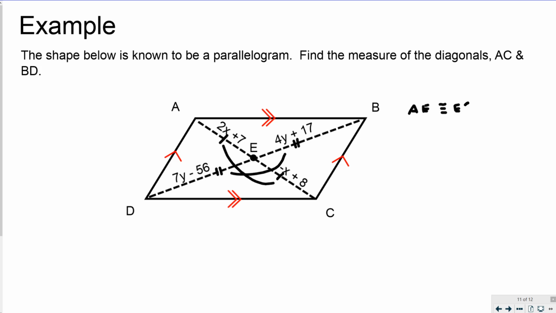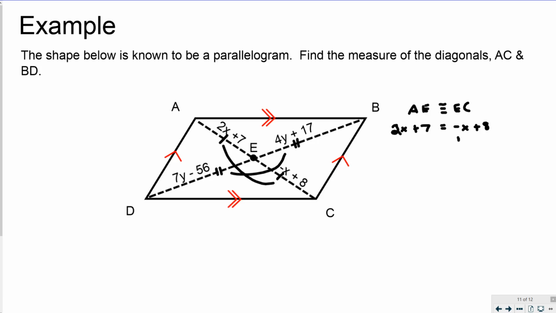That is a property. And then I can write an equivalent equation using the two expressions. So AE is measured to be 2x plus 7, and EC is measured to be negative x plus 8. So because they are congruent, now they're equivalent in equation form, and I can solve for x.